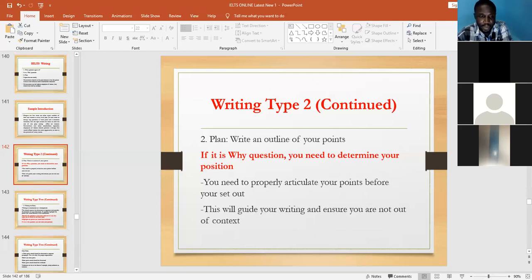That is, you need to write out the points to be discussed and possibly the ways you will discuss your points. This is to enable you gather your thoughts before proceeding to actually writing.